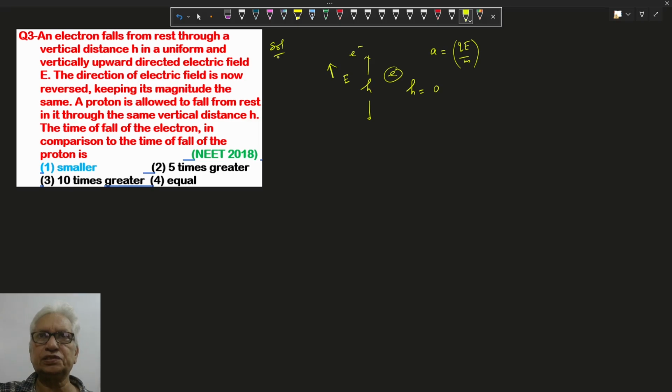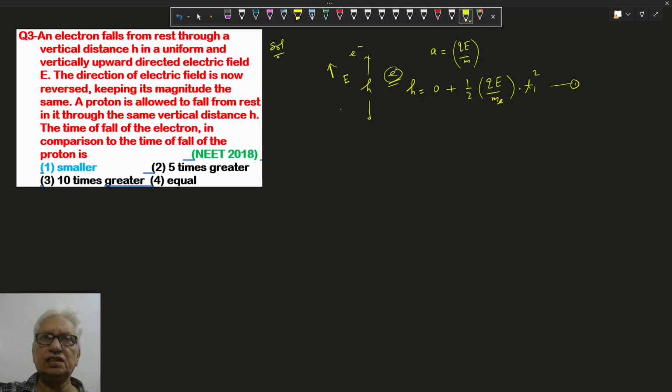With u equal to 0, half a t square, where a is qE divided by the mass of the electron, because we are talking about the electron, and t1 is the time taken. So this is the equation for the electron.